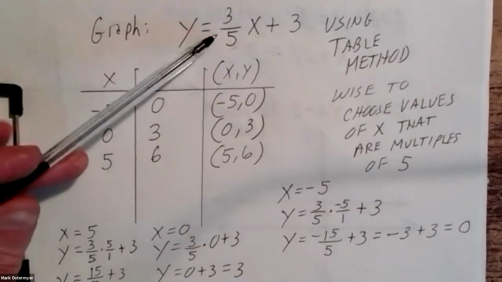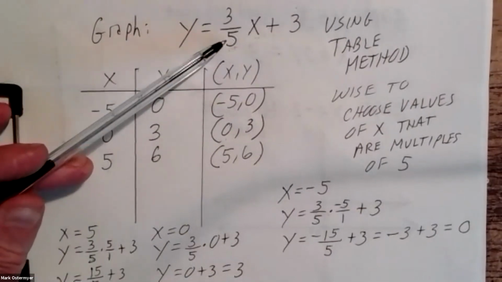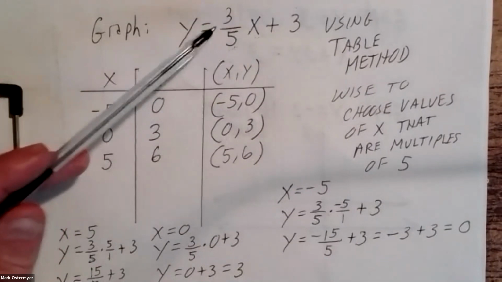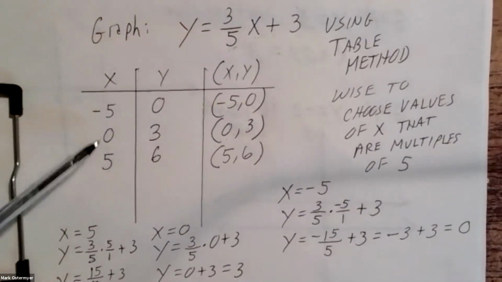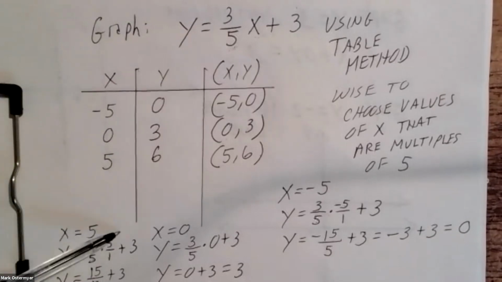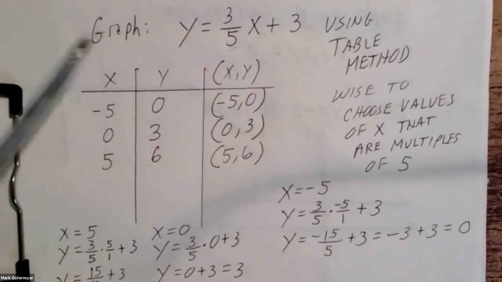So because the denominator of this fraction is 5, you want to choose values for x that are multiples of 5, like -5, 0, or 5, or 10, or 15, or 20, or -10, or -15, -20. All right.